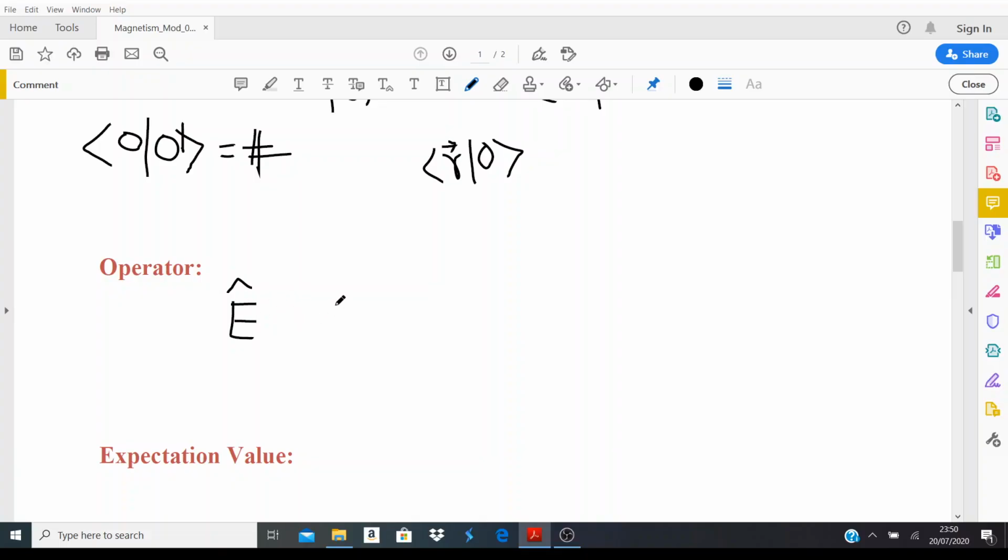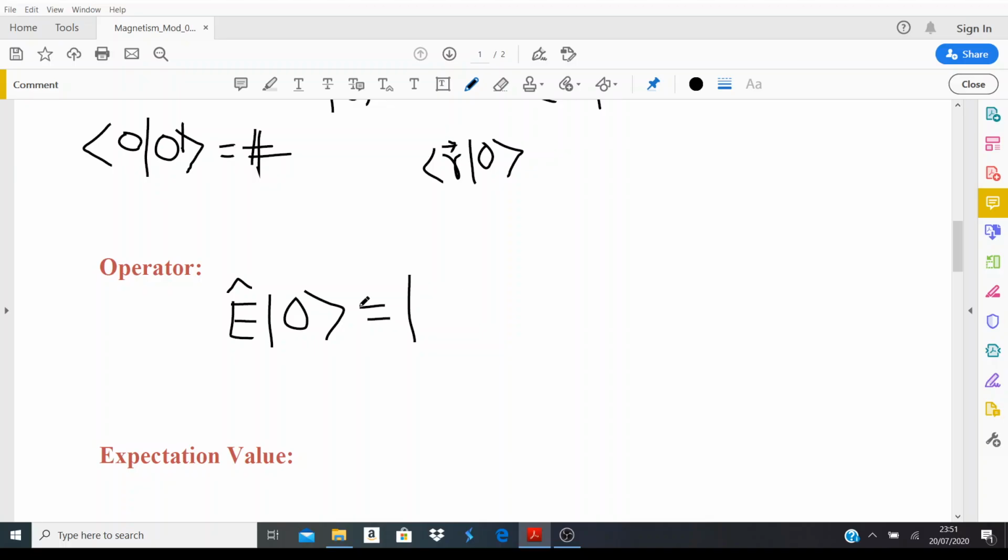In the context of diamagnetism, we will see that this sort of operator usually will operate on the ground state of the electron. So this is the ket vector, and that's an operator. By this, I mean the energy operator is operating on the ground state. We will see these things coming in the diamagnetic discussion soon. So the operator operates on the ground state, and it will produce some other state.